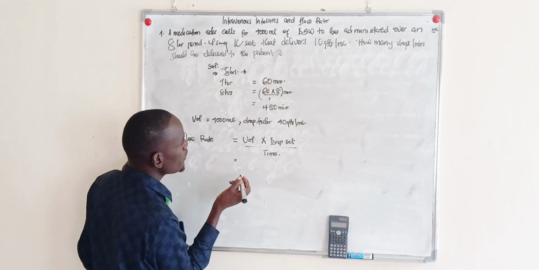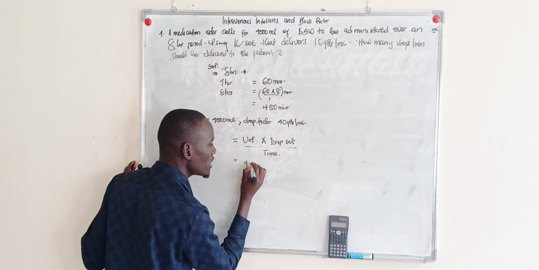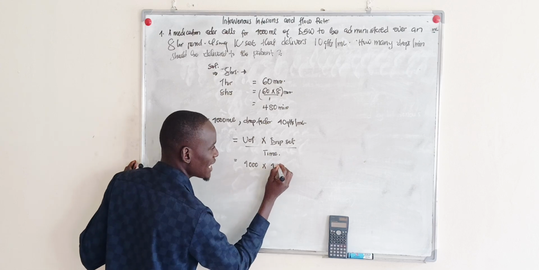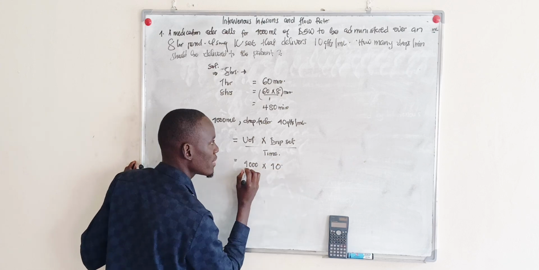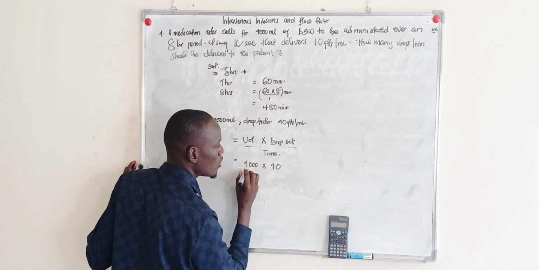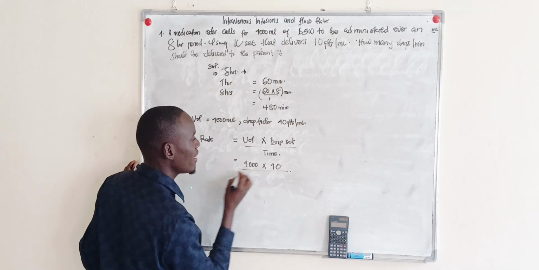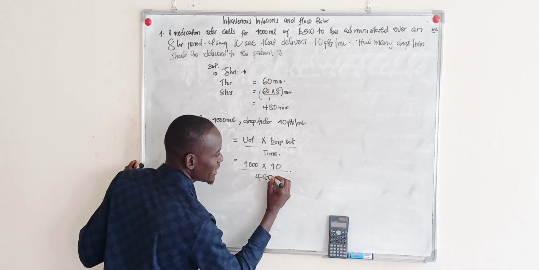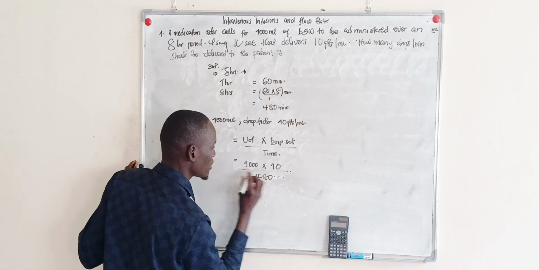So when we compute, we have volume as 1,000. We have drip set as 10 drops per mL. Then we have time as 480 minutes.